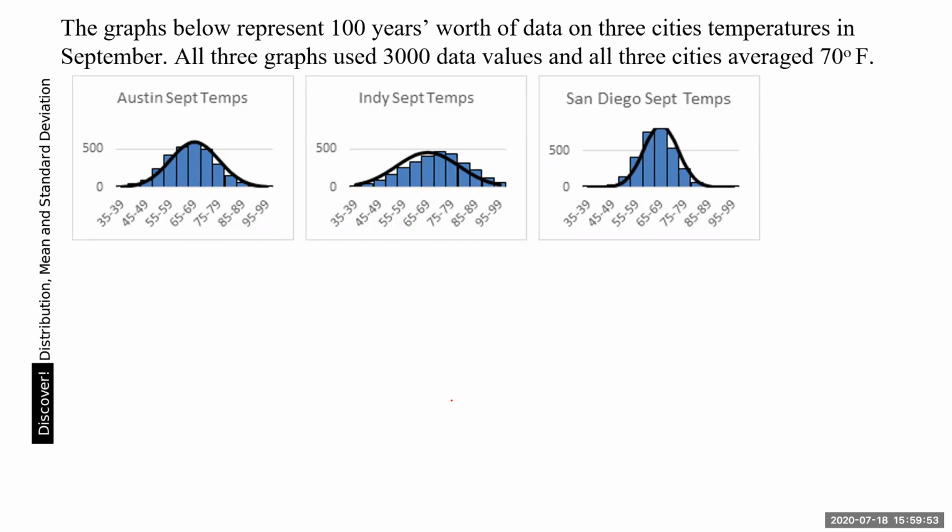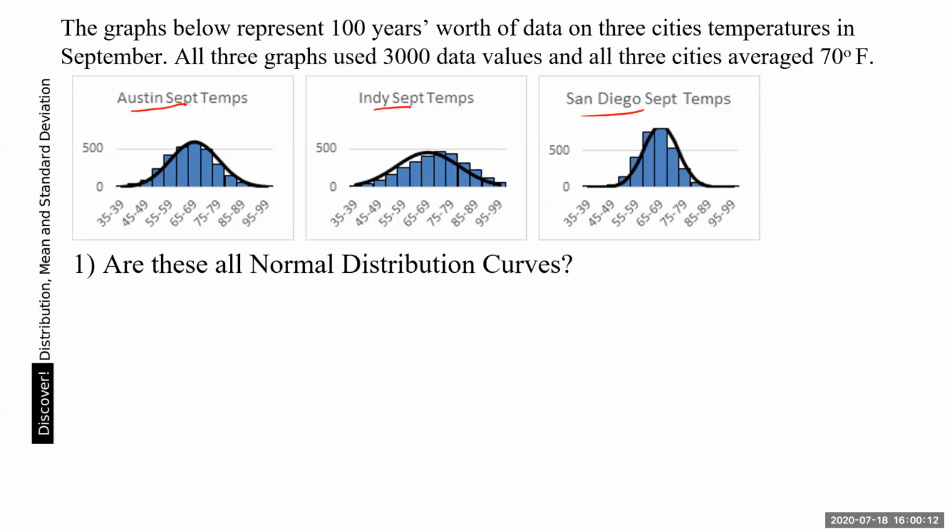All graphs use 3,000 data values. That's a lot. And all three cities average 70 degrees Fahrenheit. We're talking about Austin, Indy, and San Diego September temperatures. Let's go straight and look at it.